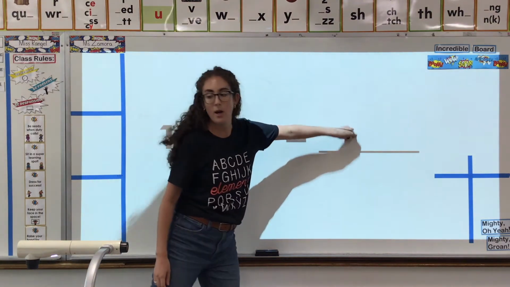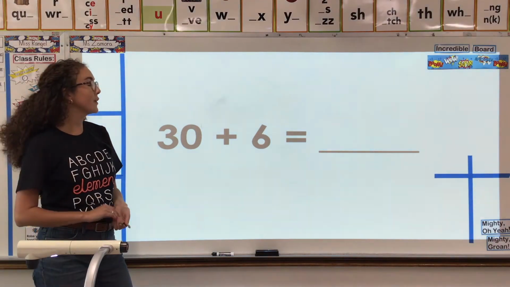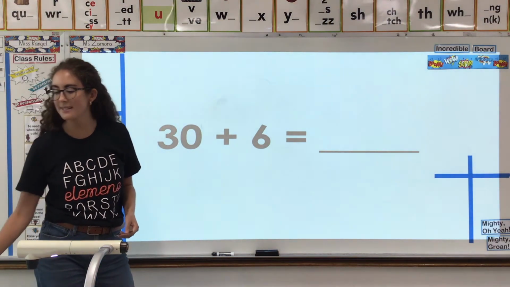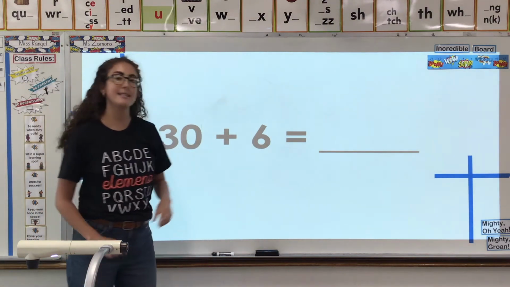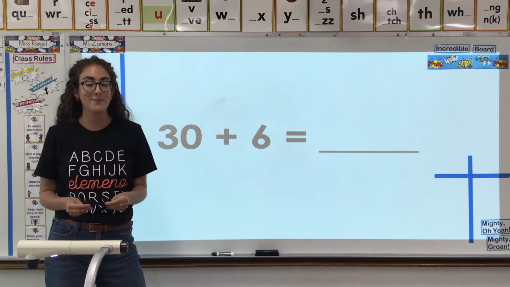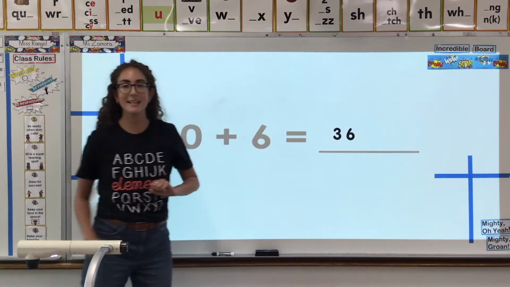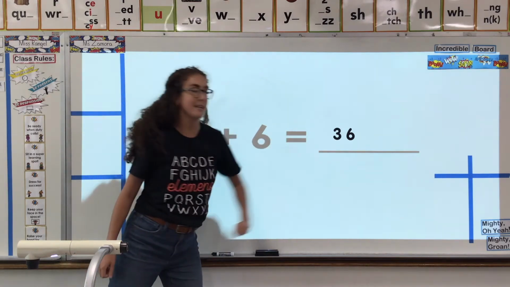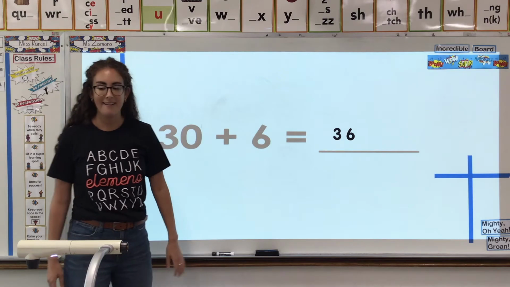Okay, you ready? What about this one? 30 plus 6. 3 tens, 6. What does that equal? 36. 3 tens, 6. 30 plus 6 equals 36.